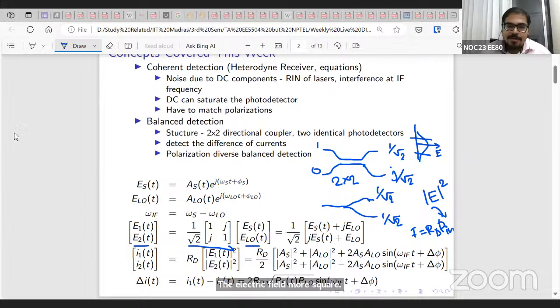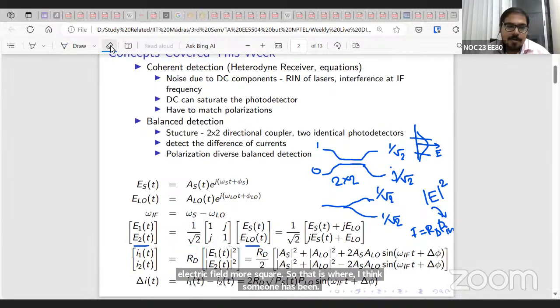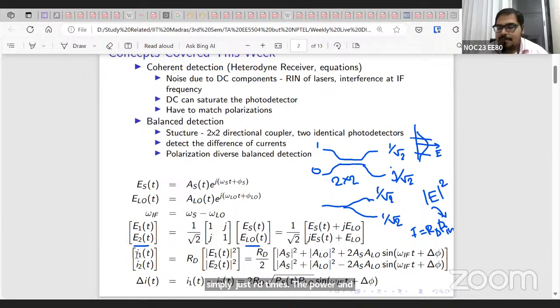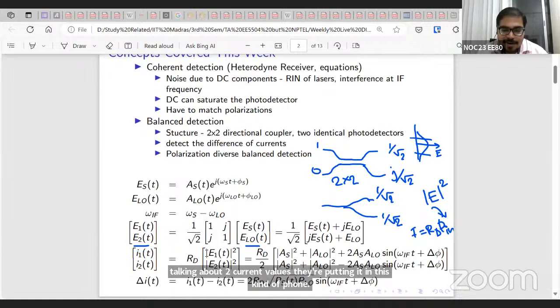That is where I think someone asked in the forum how we are getting these current equations. This is simply RD times the power, and because we are talking about two current values, we're putting it in this kind of form. Just I1(t) is equal to RD times |E1(t)| mod square.